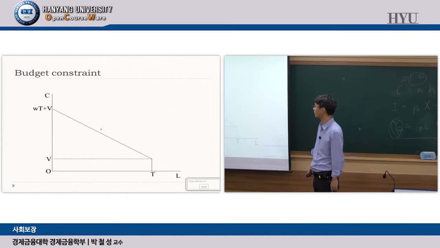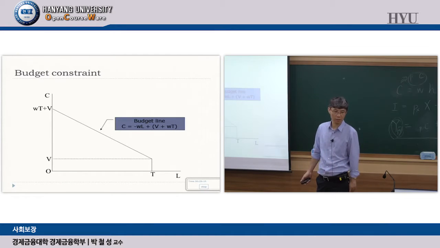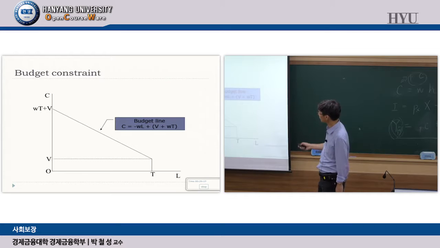That means the slope is W, minus W actually. If you write an equation for this line, it's simply C equals minus WL plus V plus WT. So minus W is the slope, V plus WT is the intercept. So it's just the equation of a budget line.